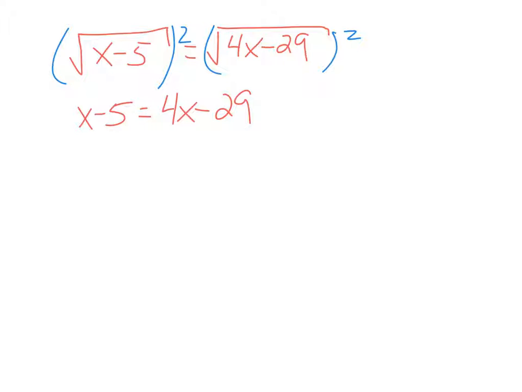All right, so then we just solve it. So how do we solve it? Add 5, okay. So now we have x equals 4x minus 24. Yep. Subtract that.